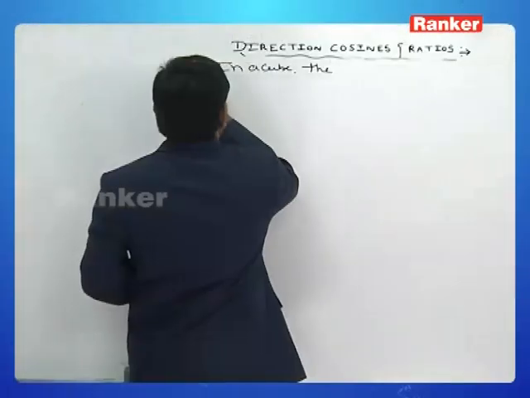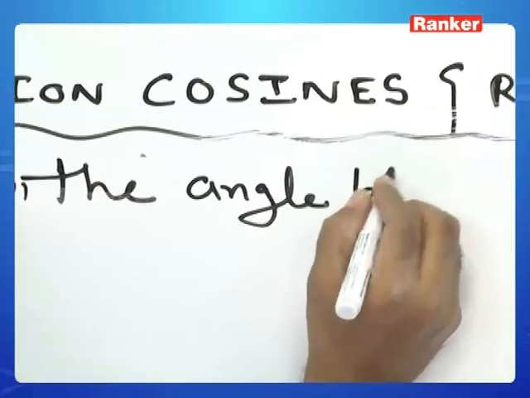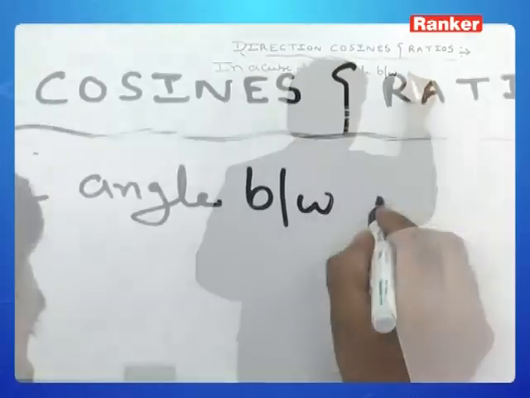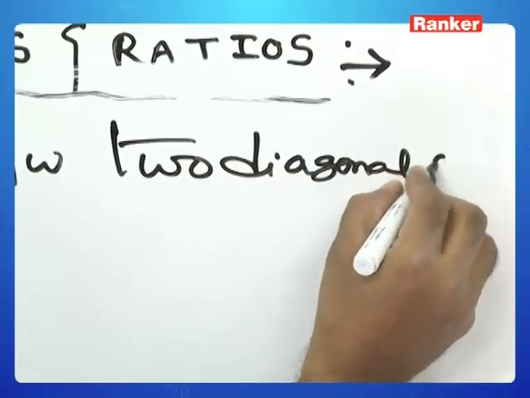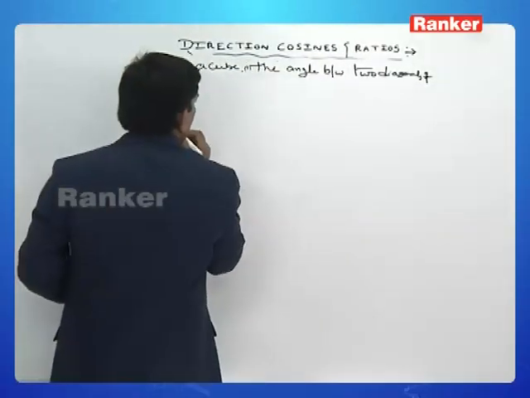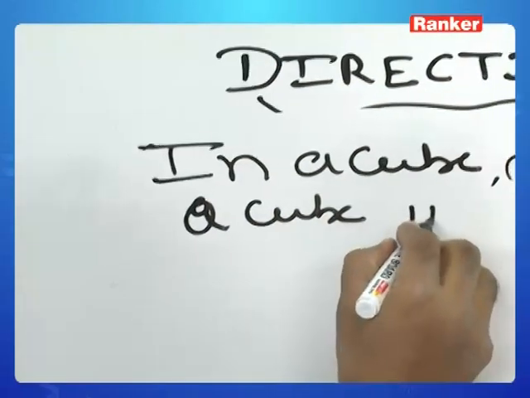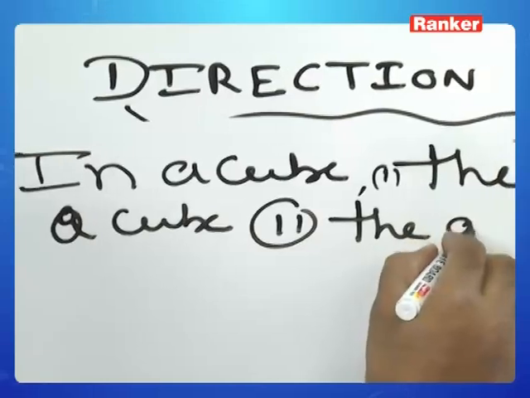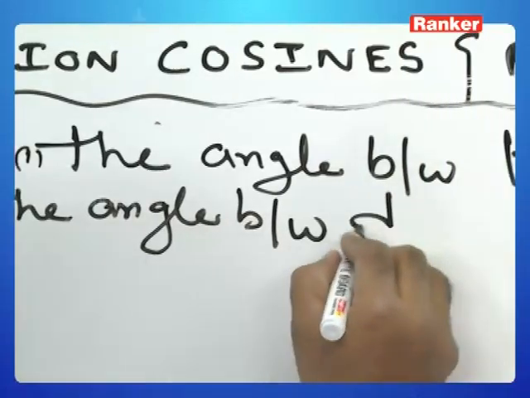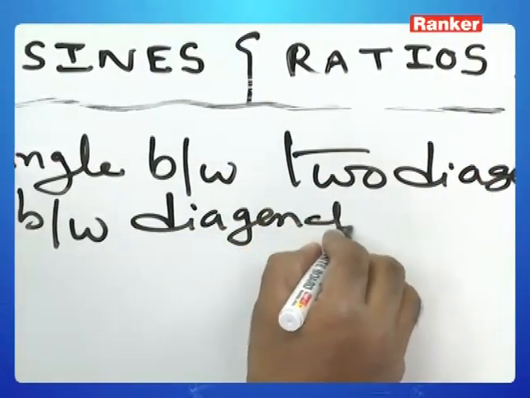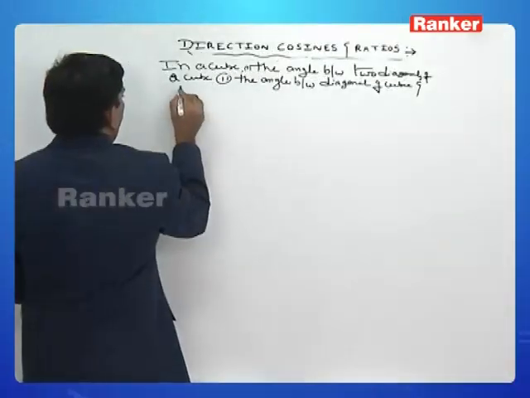First one, the angle between two diagonals of a cube. Second one, the angle between the diagonal of a cube and a face diagonal.